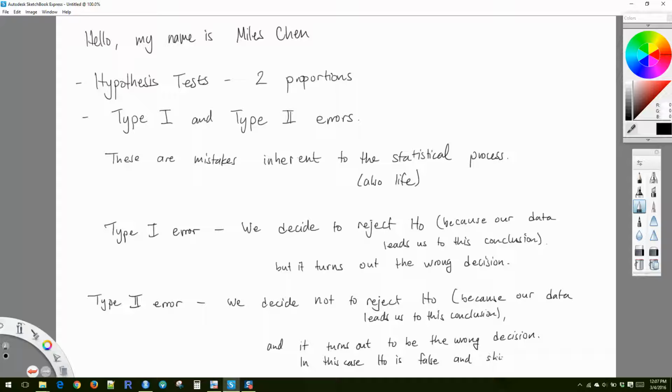Yes, we have a question. Does that happen because you chose a really bad significance level? Well, that's one possible reason why we might have failed to reject the null hypothesis. It could be because we've chosen a bad significance level.